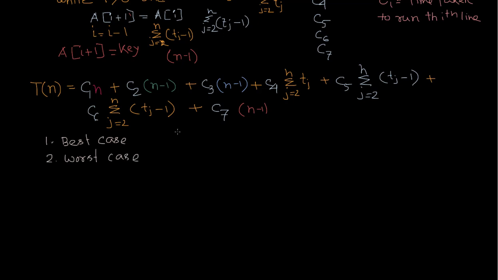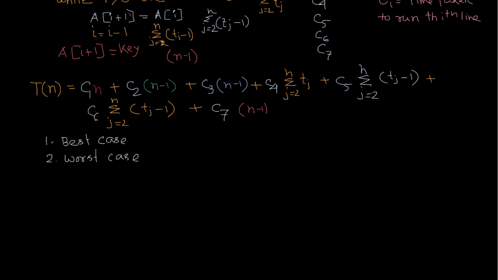Best case means the inputs will be in such a way that the algorithm will take the least amount of time. Worst case means the inputs will be in such a way that the algorithm will take the most amount of time, right?